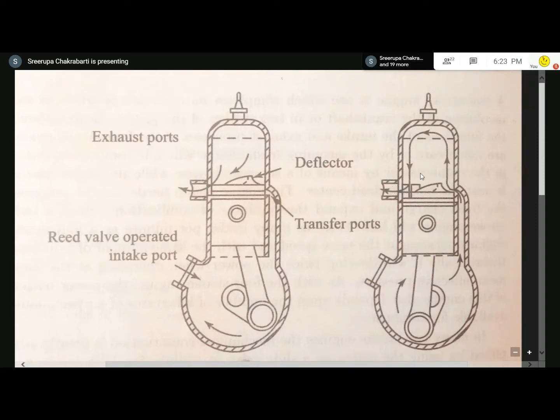It's still moving upward. That means whatever charge is there is getting compressed as the piston is moving upward. And when the piston is sufficiently up, the pressure inside the chamber builds up, and the spark is activated.